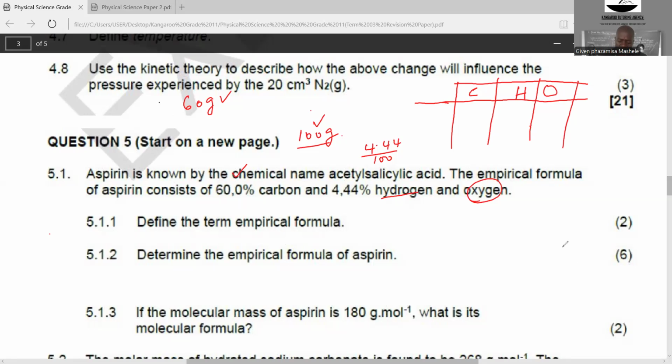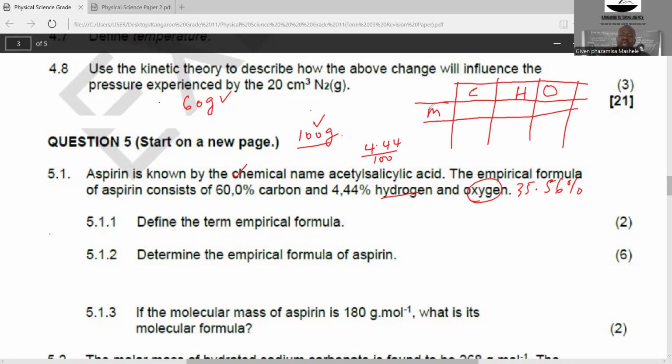The percentage of oxygen will be 100 minus 60 minus 4.44, which means oxygen has a percentage of 35.56%.